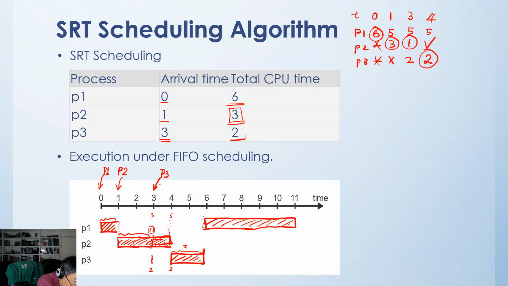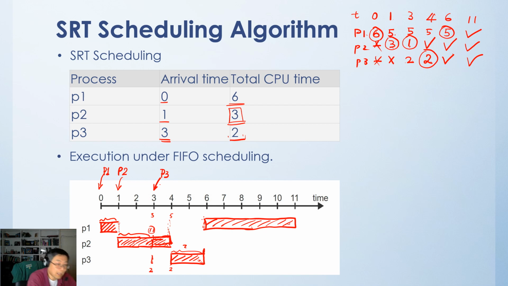So P3 has 2 total CPU time. So P3 completes the job at the time 6. So P2 already completed. So now there's only 1 process in the system. So P1 will be selected. And then at 11, P1 also finishes the job. So all processes complete the job. Okay.